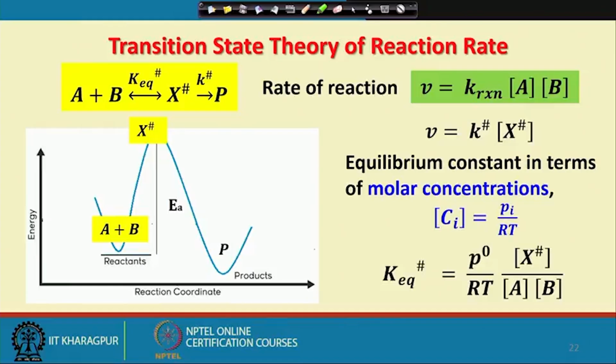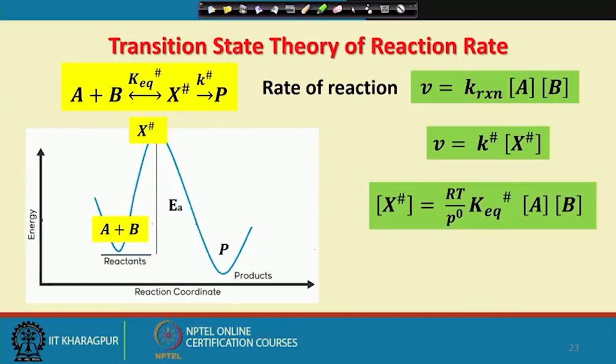And if I do that, then I can write down the equilibrium constant for the formation of the activated complex like this. So, this is done in terms of things that we know very well from our initial knowledge of physical chemistry.